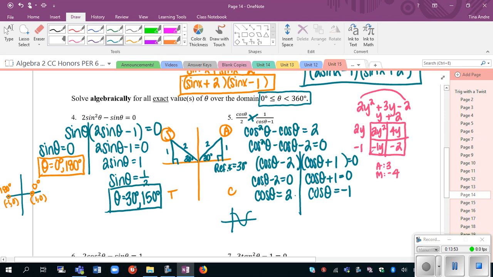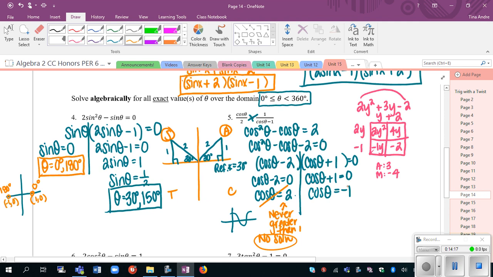But if it's just cosine theta by itself, it can never equal 2. So cosine will never be greater than 1. So basically that just tells us there's no solution on the left-hand side. That's really what this is telling us.